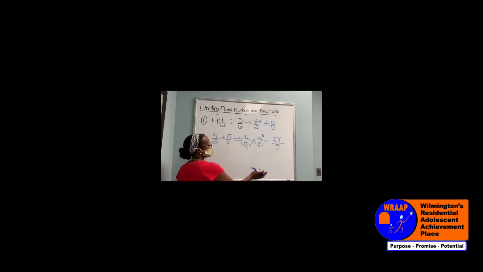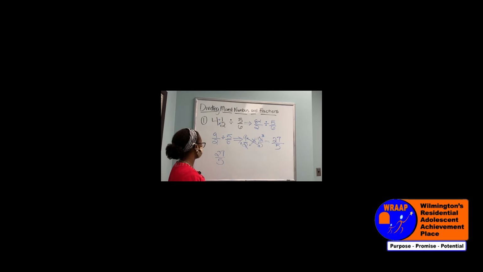So now we have this big improper fraction. That's the answer, but we cannot leave it that way. So now we have to make it into either a mixed number or a whole number.